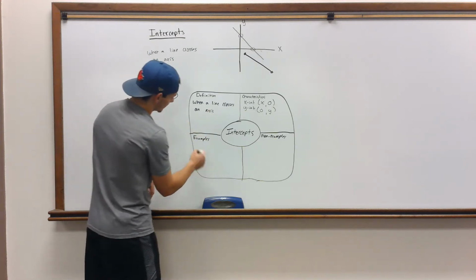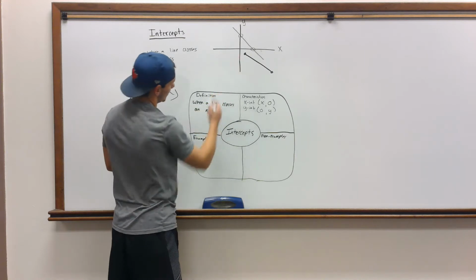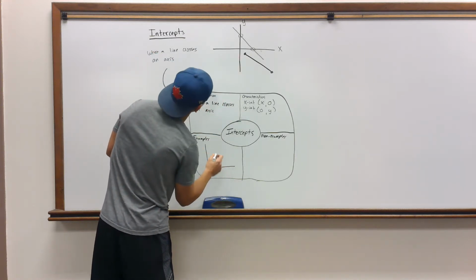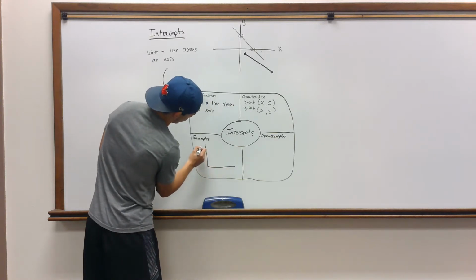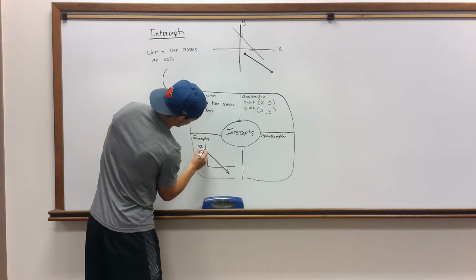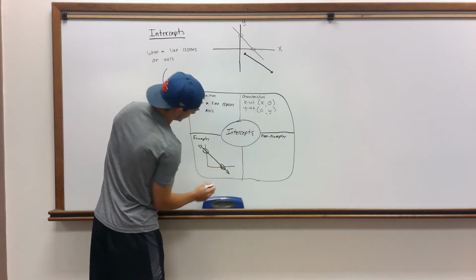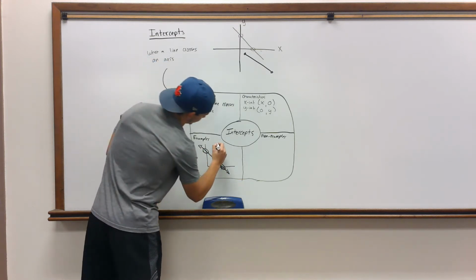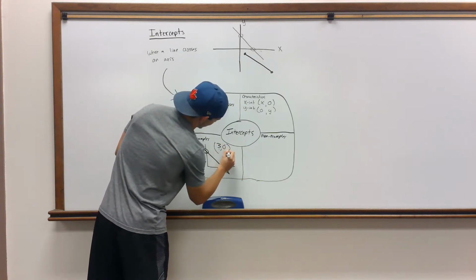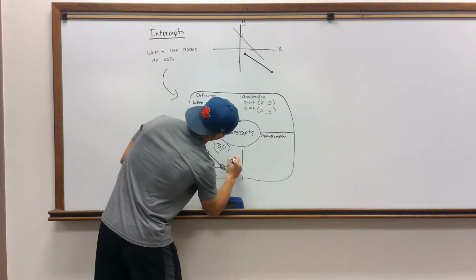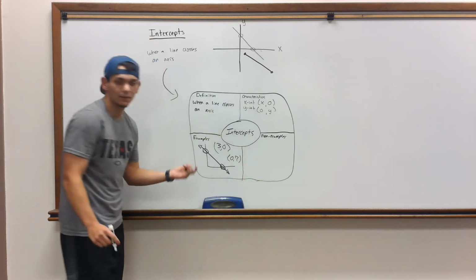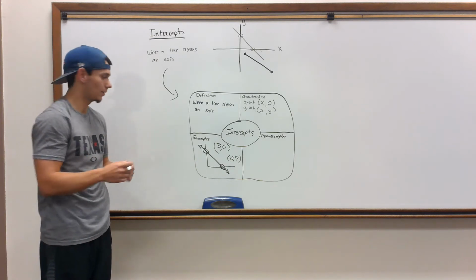We'll bring that same idea down here. This is where it is, and this is where it is. Anything where either the x or the y is 0 is going to be an intercept.